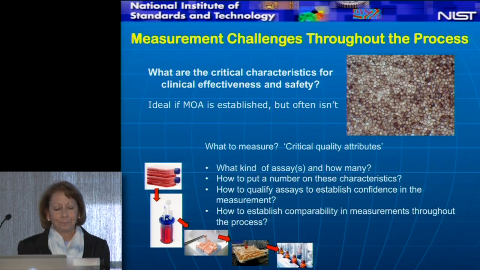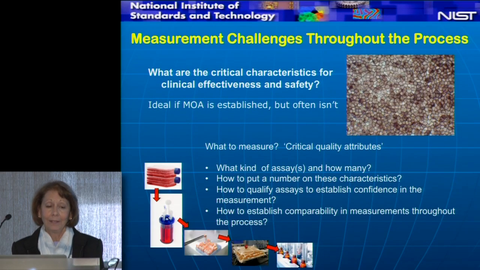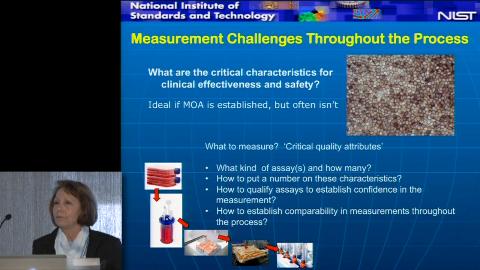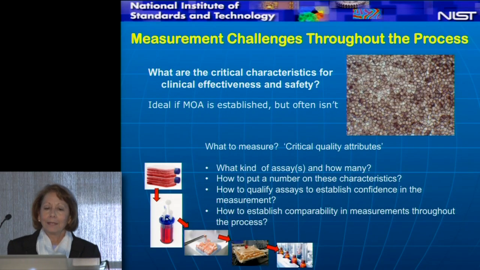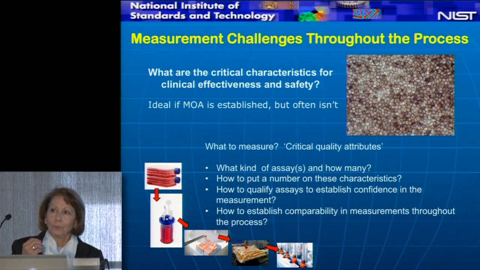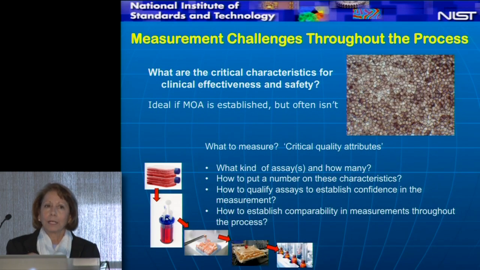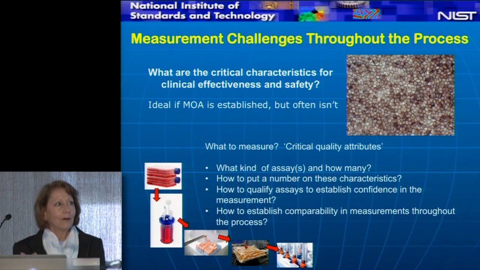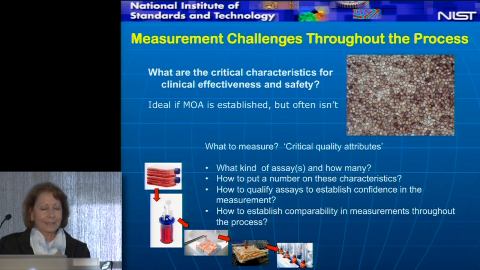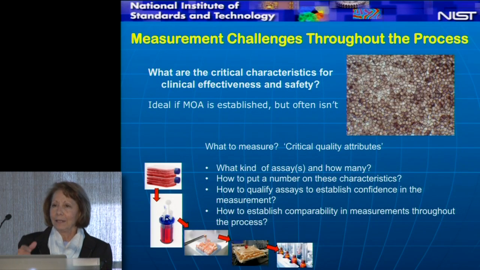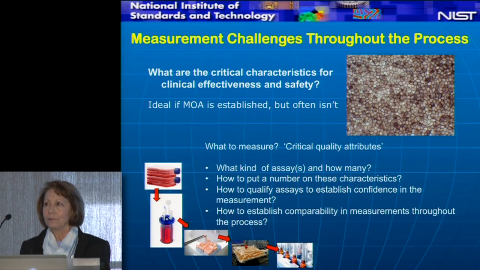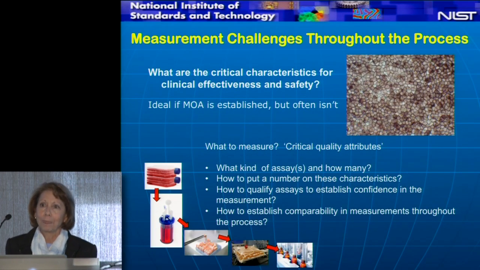What is actually important, that you can see, that you can measure, that's going to have an effect clinically? Because usually we don't understand mechanism of action, it's really hard to extrapolate what it is about this product that are the characteristics that are really essential for clinical effectiveness. And if you don't know that, you don't really know what to measure.